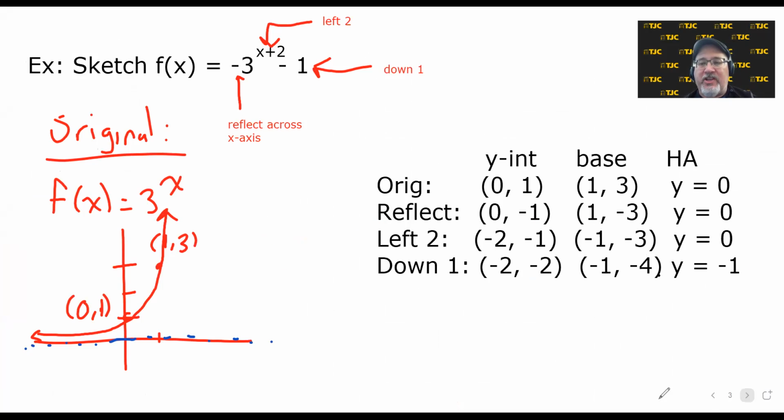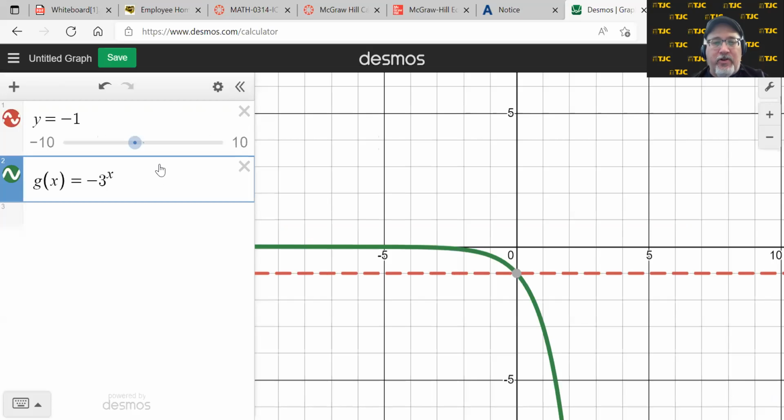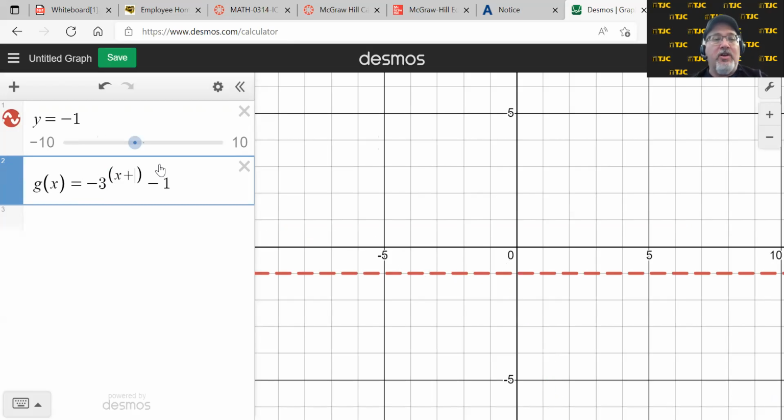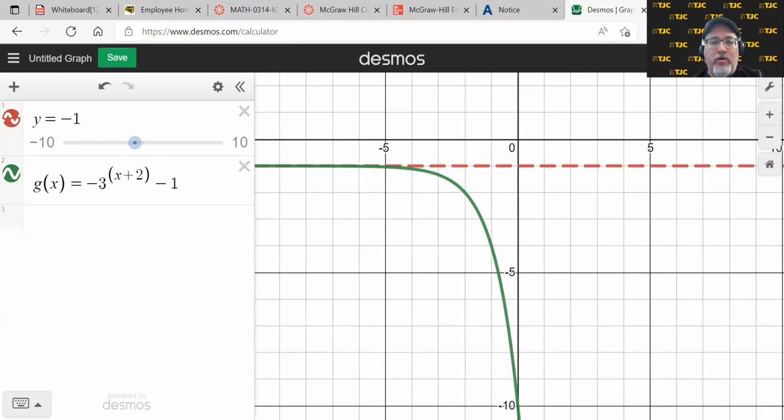This is one big flaw of Desmos. If you want to put more than an x in an exponent, you've got to use parentheses. And does this kind of look like what we drew?